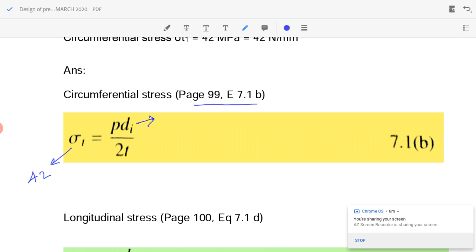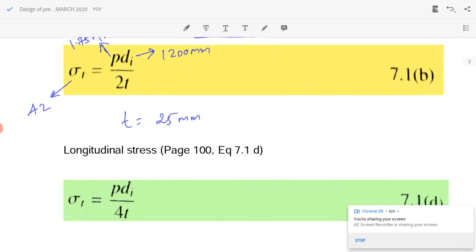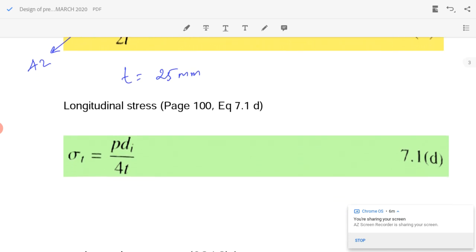Inner diameter is given as 1200 mm, 1.2 meter equals 1200 mm, and internal pressure equals 1.75 Newton per mm square. I can get the thickness, very simple. Thickness equals 25 mm.